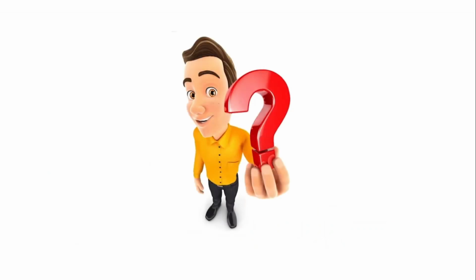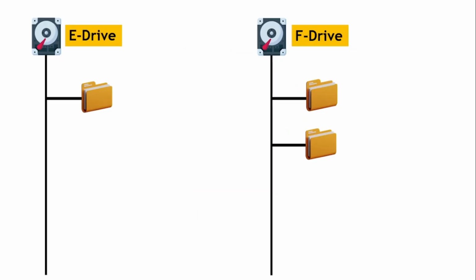Now let us take up the interesting question which I learned over the years after, say, assigning permissions. Now this is the current structure. We have two drives, E drive and the F drive. Definitely both are NTFS formatted drives.